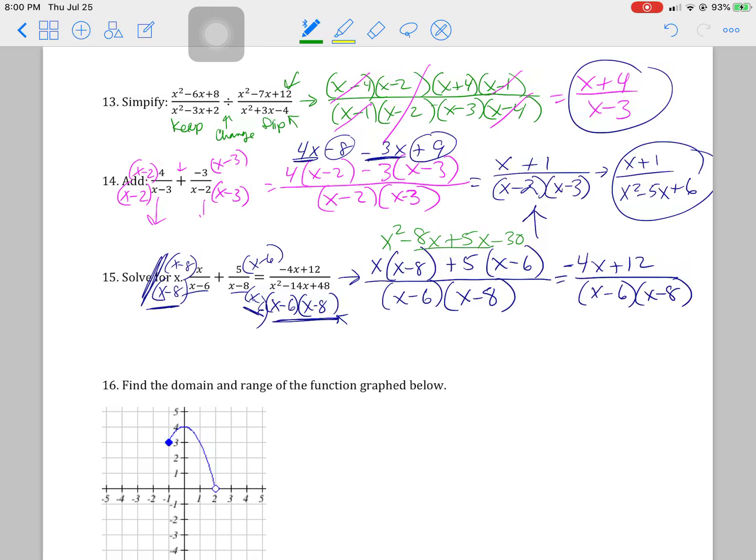Combine like terms. So this side's going to be x squared minus 3x minus 30. And this side is going to be negative 4x plus 12.